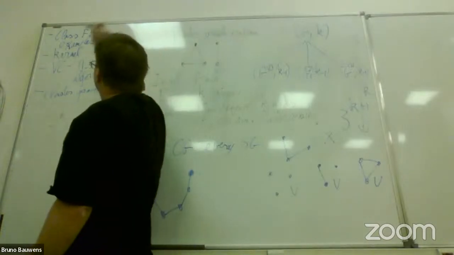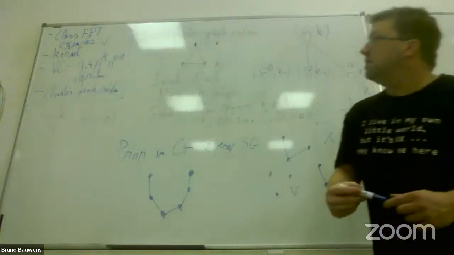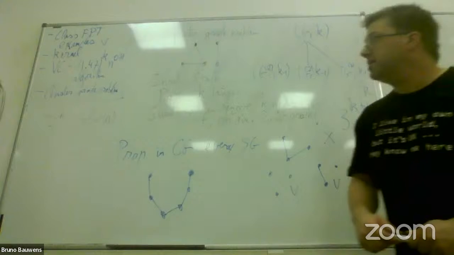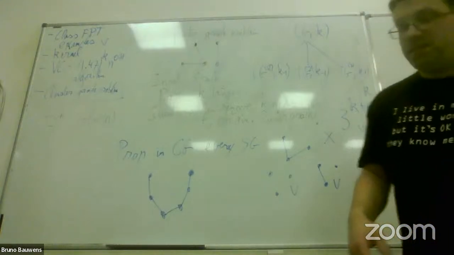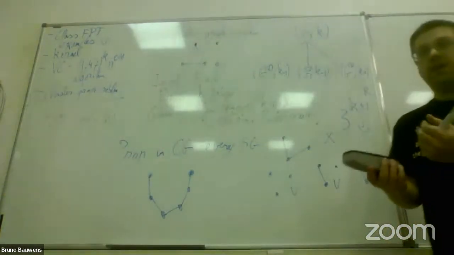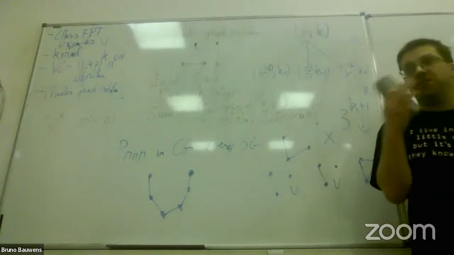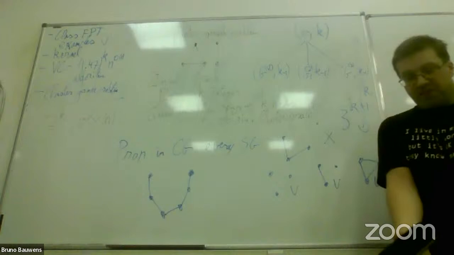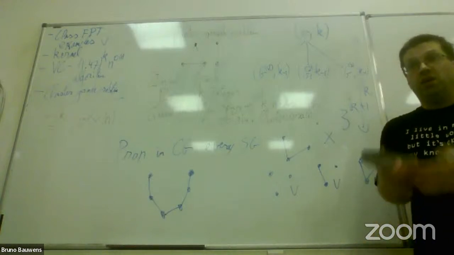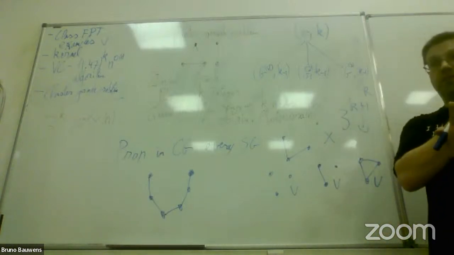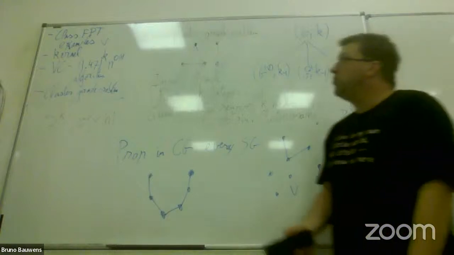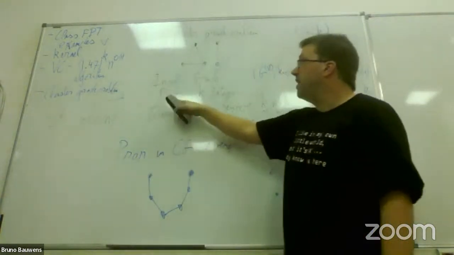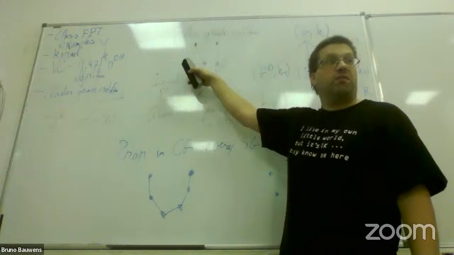Okay, so examples we already did. And now let's define the class FPT. Before, the inputs were words, so a problem was a subset of words. Now we have a word and a parameter. So there are 2 variants: the parameter is part of the input, or it's not part of the input.